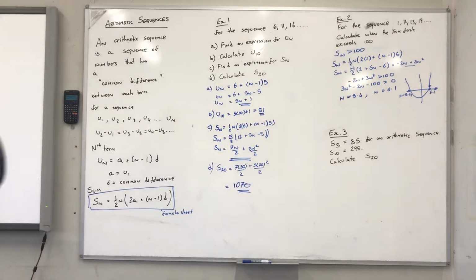It must be the first value above 6.1, which is a whole number. So because n needs to be a whole number, the sum first exceeds 100 when n equals 7.